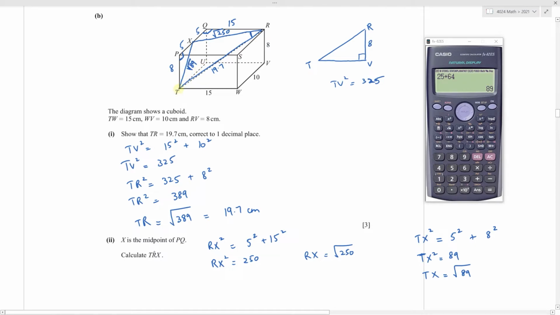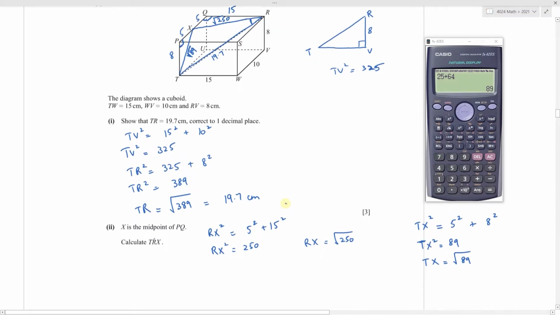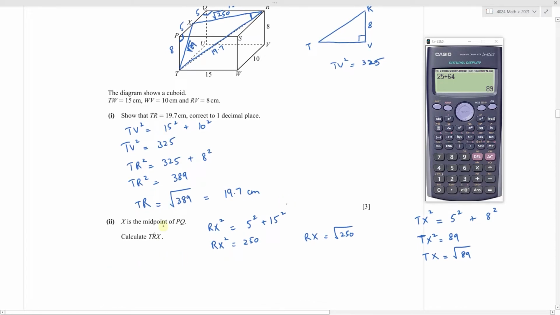So now for the triangle TXR, I know all three sides. This angle is unknown that we have to calculate. So I can use the cosine rule here now. So the cosine rule would be, so this is the angle that I need to find. So the opposite side is this one, Tx.